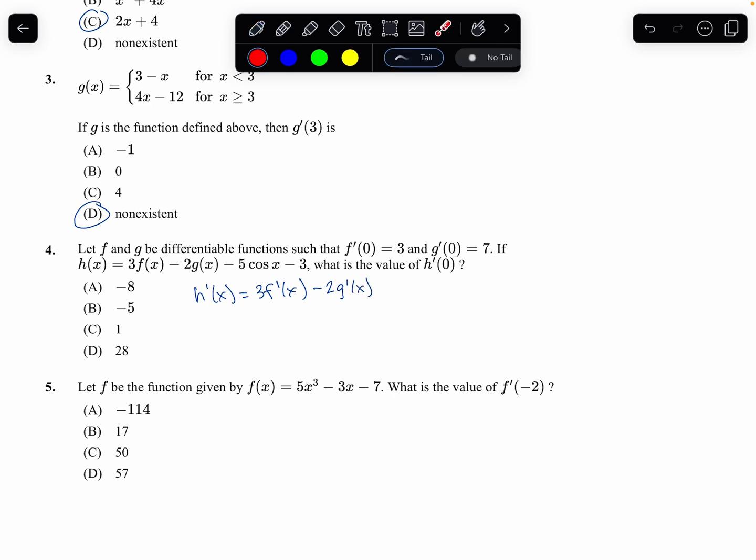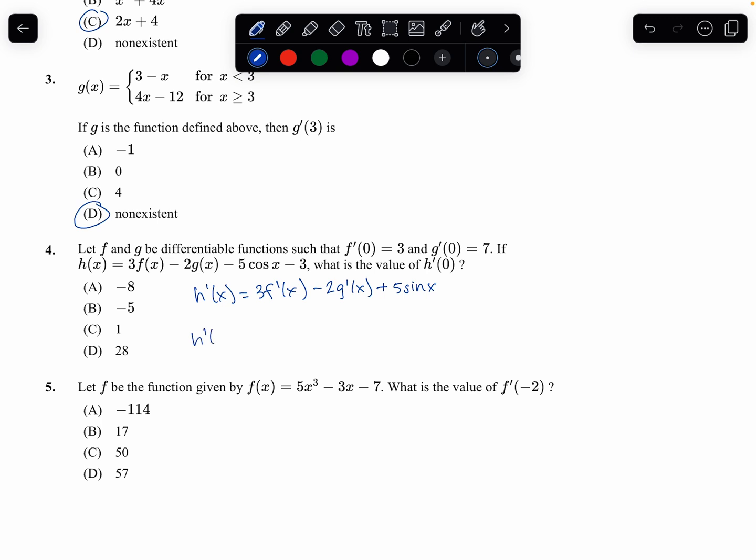And now here, we have a constant times cosine of x. I just need the derivative of cosine, which is negative sine, and so that's going to make that +5 sine of x, and then the derivative of a constant is 0. So there you go. So this is h prime of x.